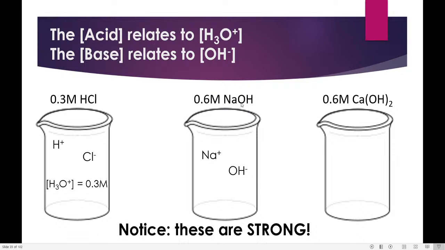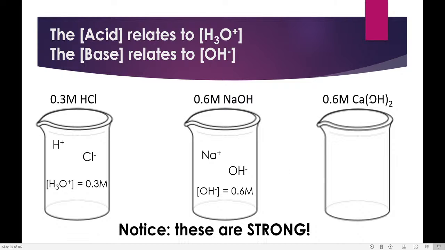So if I put 0.6 moles of NaOH in my beaker, how many moles of hydroxide do I have? 0.6 moles, right? In other words, the hydroxide concentration is coming from this thing breaking apart, and it is equal to the concentration of the base itself. Just like the concentration of hydronium is equal to the acid. If you know this hydronium concentration, can't you solve for hydroxide? If you know the hydroxide concentration, you could solve for hydronium.